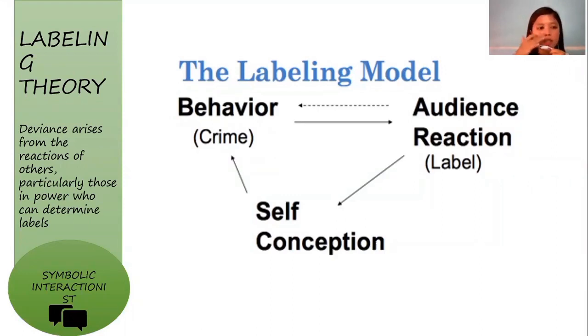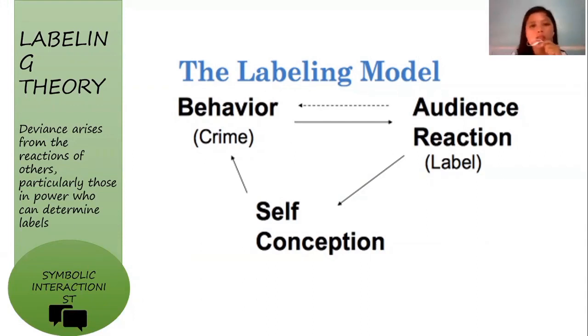In this theory, it focuses on the labels that are given to people which make him or her considered to be deviant. Deviance arises from the reactions of others, particularly those in power who can determine labels.